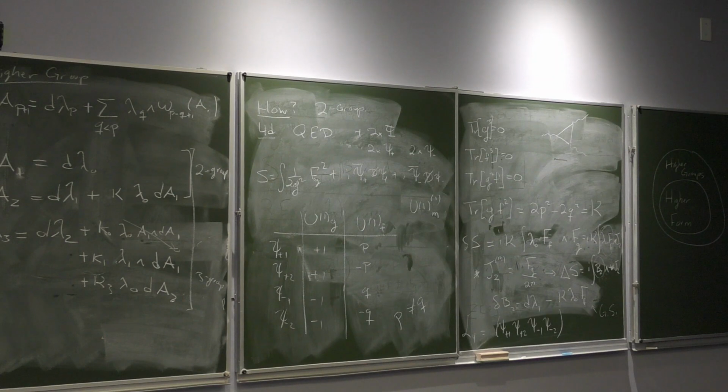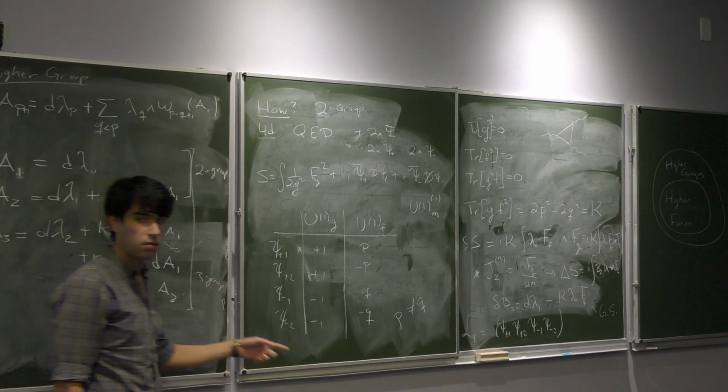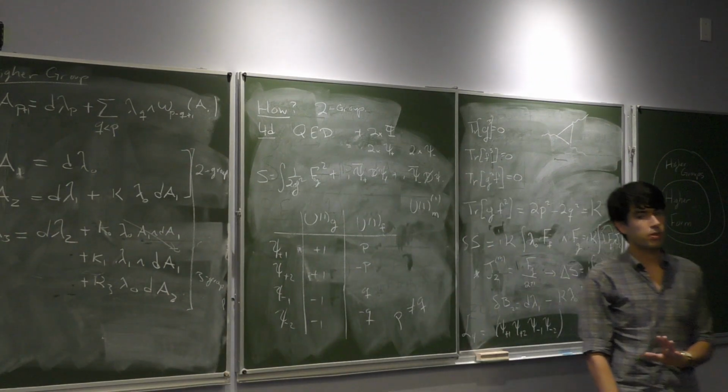But one more question. So the U1F is obviously just a background, but that's never becoming dynamic. It's never getting dynamics? Right, that stays in the background. But you can give it dynamics. I thought that was what your question was.